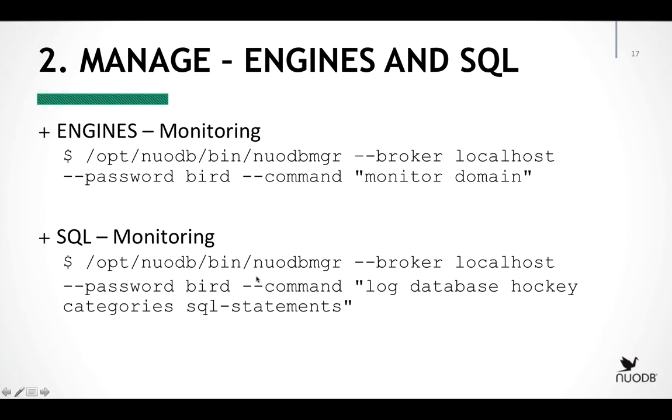Another example of monitoring is SQL level monitoring, and here's a command which allows you to do this. So for instance, you can say, hey system, I'd like to see all SQL statements for this particular database, and this is the structure of the SQL that I'd like to see. Once you set up this monitor, the system will produce this kind of information back to you, and you'll be able to capture it, analyze it, and work with it.